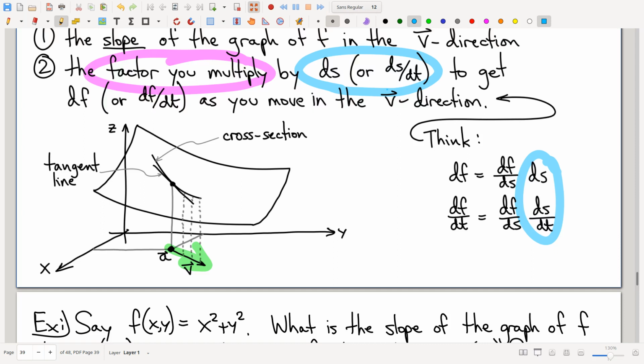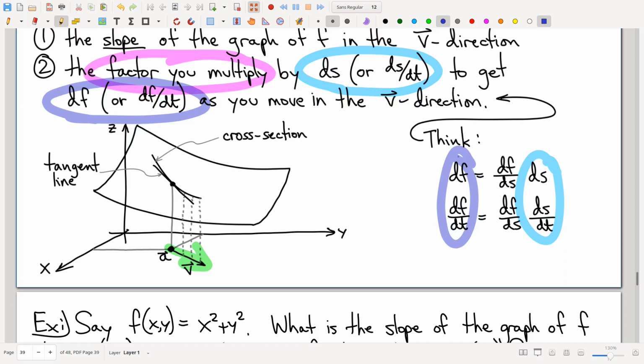So keeping in mind that as a multiplicative factor, that multiplicative factor multiplies either by how far you've moved or how fast you're moving, right? And then the result tells you about the output values of the function. What linear estimate do we have of how much the function has changed, or what speed is the function changing?